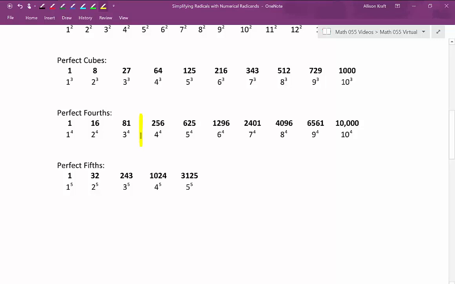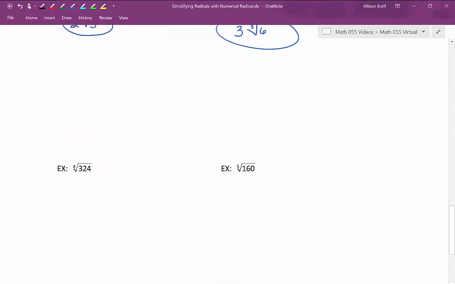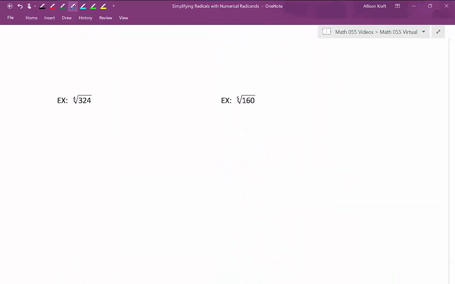It's not a perfect fourth, so I'm going to check every perfect smaller than that. So we take 324 and divide it by 81. We get 4. Great. So that means that 81 is the largest perfect fourth that's a factor of 324.